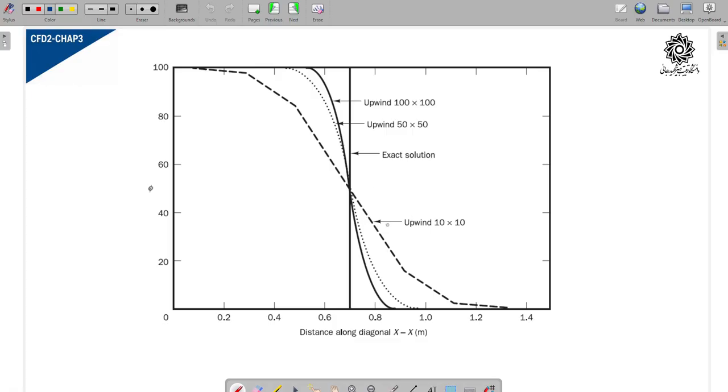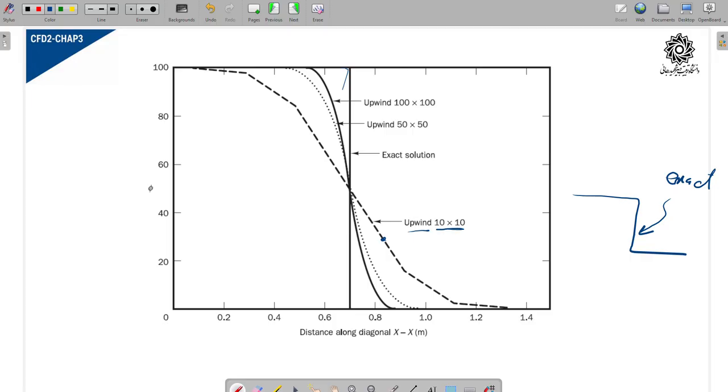This is the result of another example, with a step result. This is the exact solution. This result is for upwind with 10 cells.